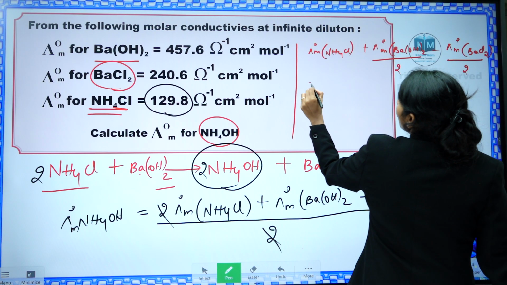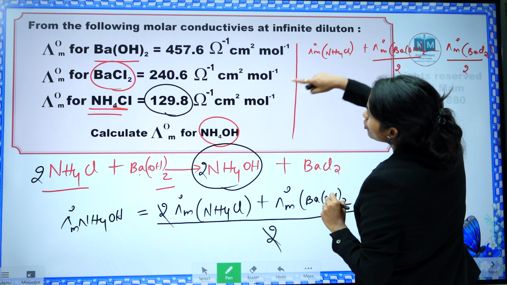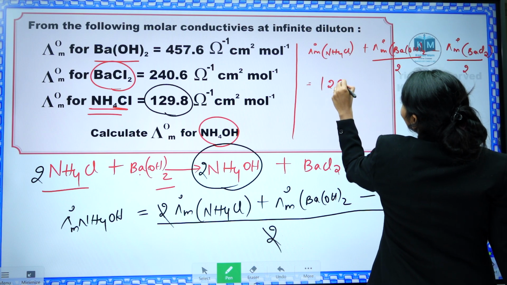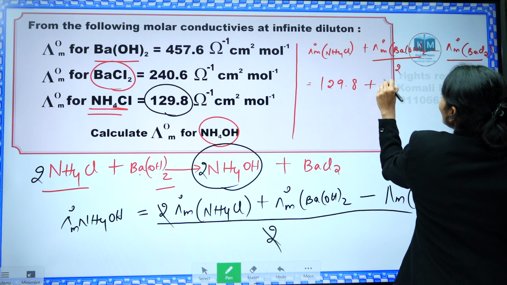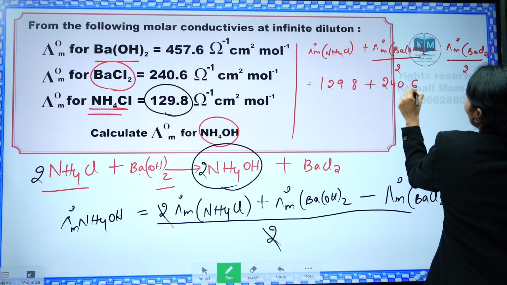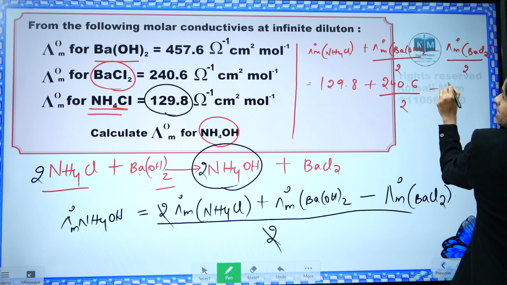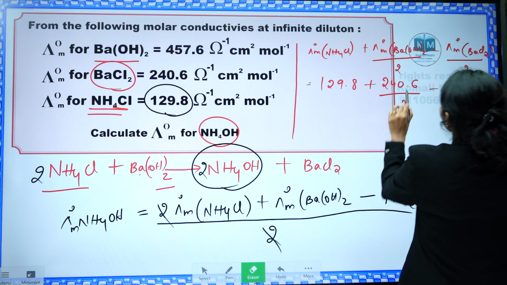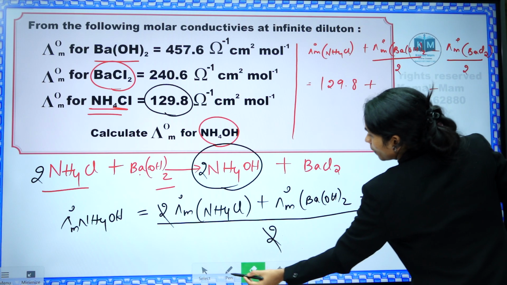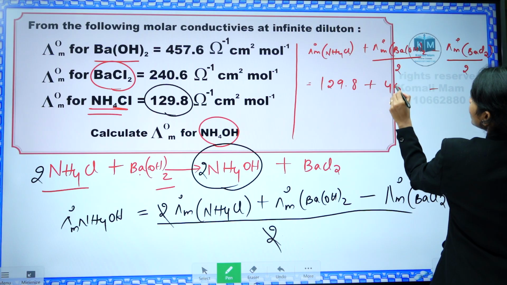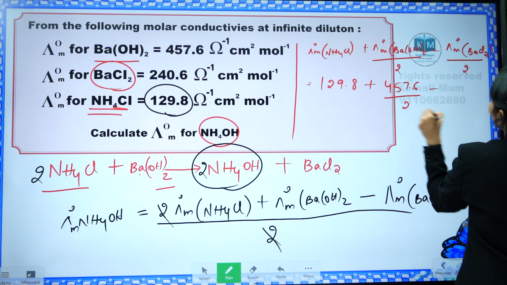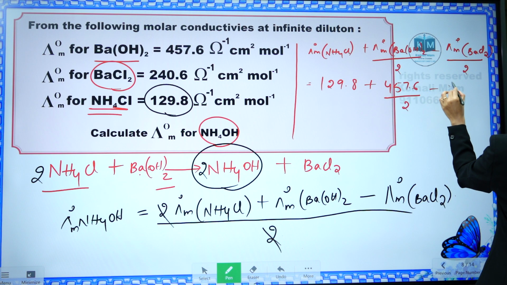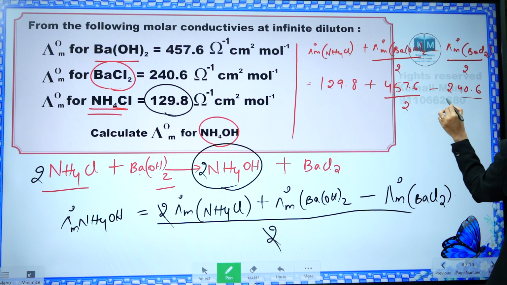Okay, next, molar conductivity at infinite dilution of NH4Cl, how much is given? Directly substitute that. Easy, na? Divided by 2 you do, minus BaCl2. Ba(OH)2 is 457.6, by 2, minus BaCl2, how much, students? 240.6 by 2.